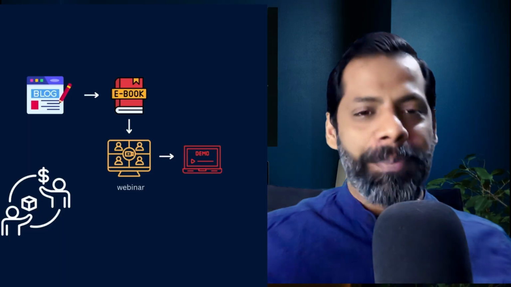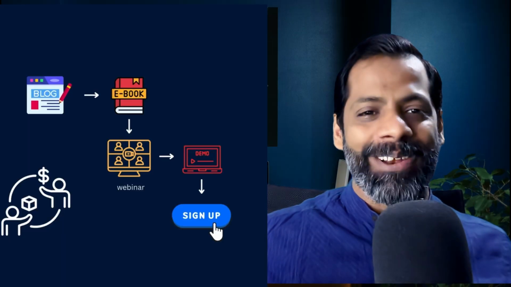You thought buyers would move from a blog to an ebook, to a webinar, to a demo, and then sign on the dotted line. But here is the inconvenient truth. Buyers don't move linearly. They jump, loop, pause, ghost, reappear, escalate, stall, and everything in between.